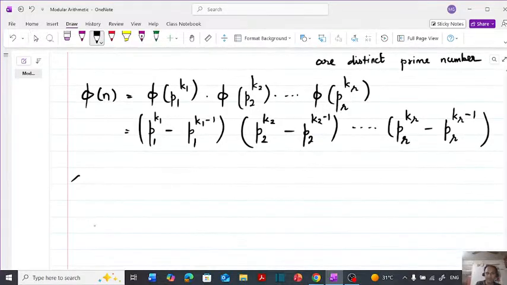Now comes one very important theorem called Euler's theorem.